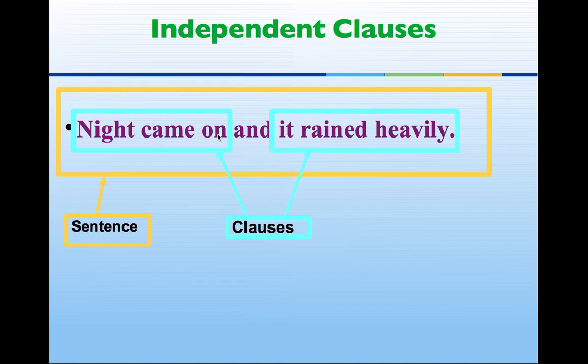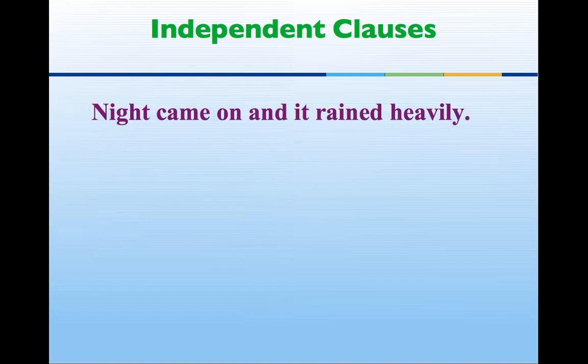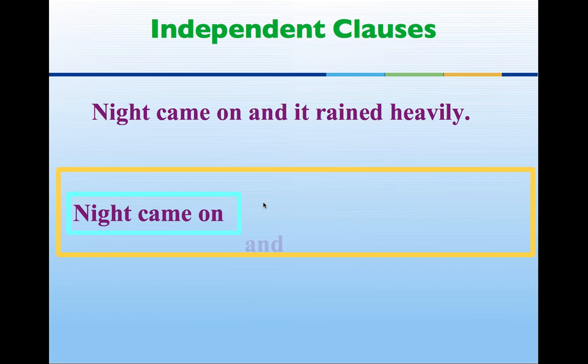Now our topic is, what is an independent clause. As we have said, whatever is inside the big brown rectangle is a sentence, and in this case we have these two parts inside it: night came on and it rained heavily, and both of these have been joined with and.